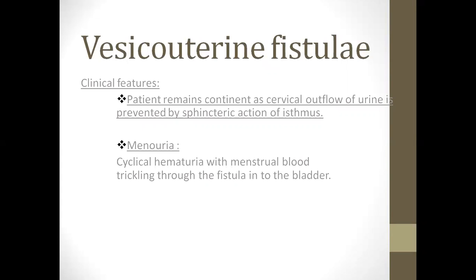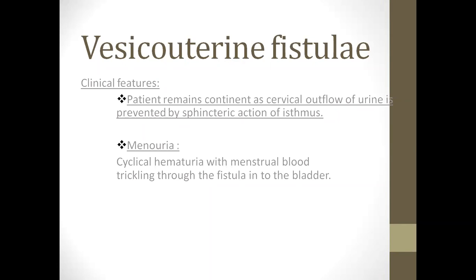In vesicouterine fistula the patient remains continent, as the cervical outflow and the urine are prevented by the sphincteric action of the cervix. Menouria: cyclical hematuria, with menstrual blood trickling through the fistula into the bladder.